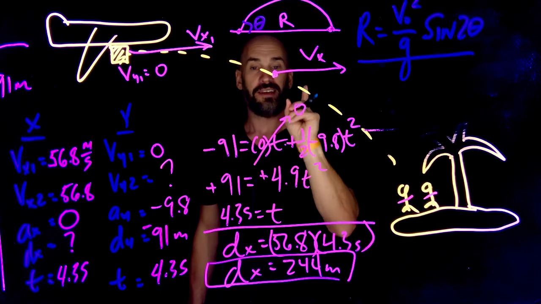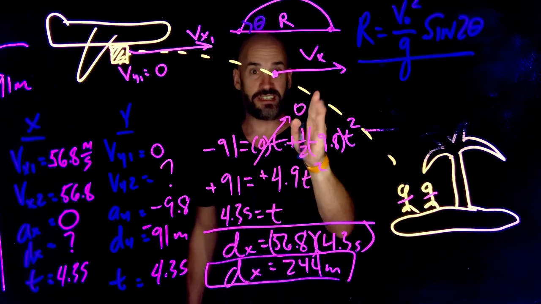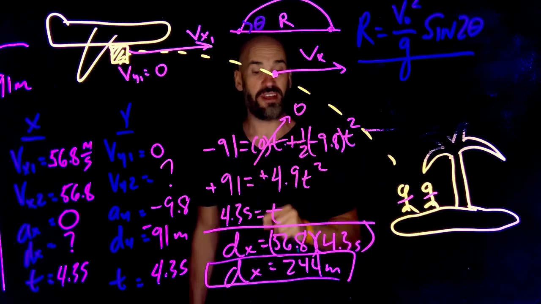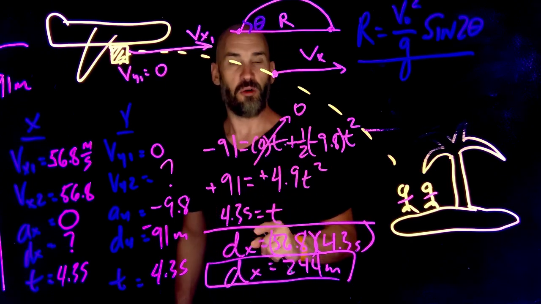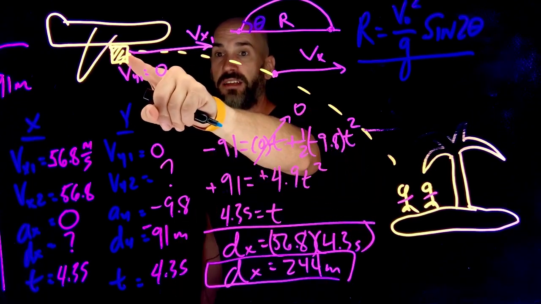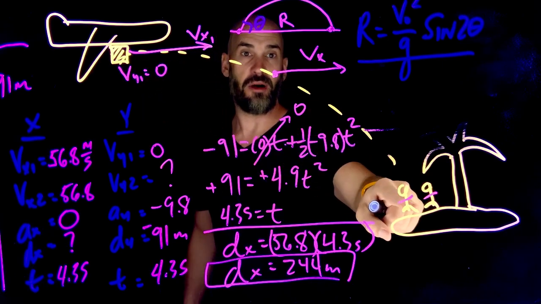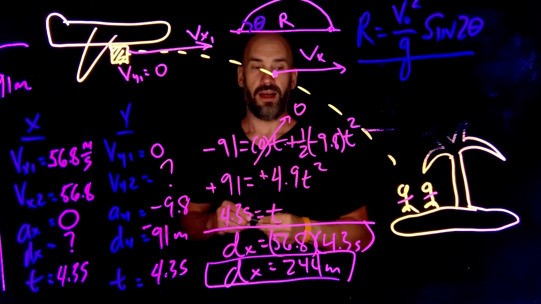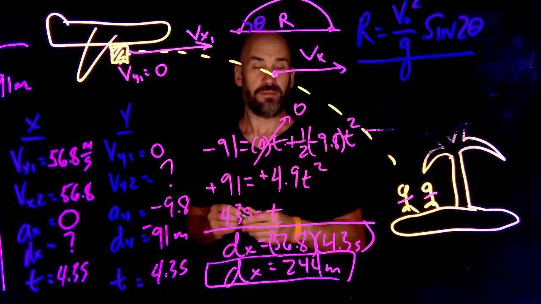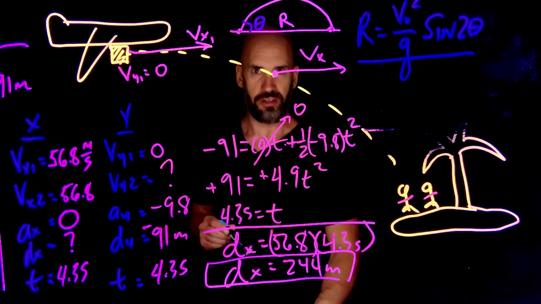Now, I encourage you to use this in this situation, but to be very careful, because one time I gave a question that was like this, where it didn't start and land at the same height, and people used this formula and got it wrong. So be careful. I put that warning there at the bottom.